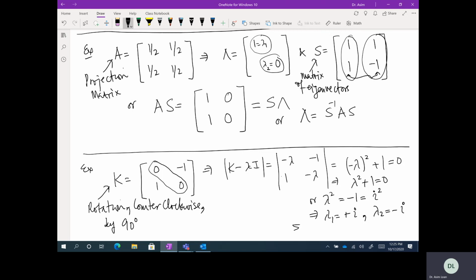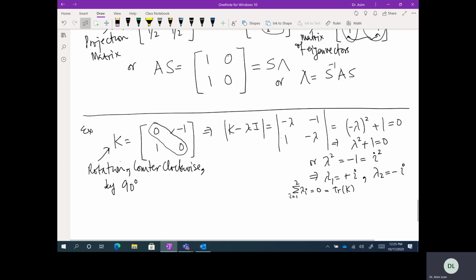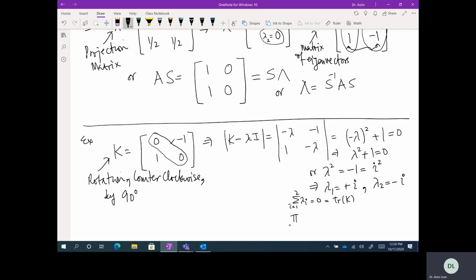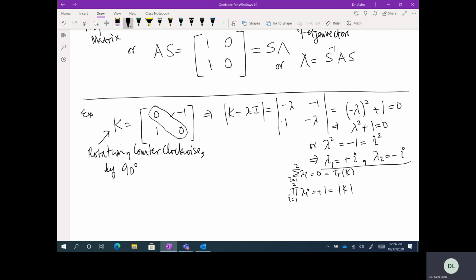If I sum these up, plus i minus i, I get 0. So you check that the sum of lambda i equals 0, which is the trace of K. The next thing to check is the product. The product of lambda i is minus i square, which is plus 1, and this is the determinant of K. So these two eigenvalues are all right.